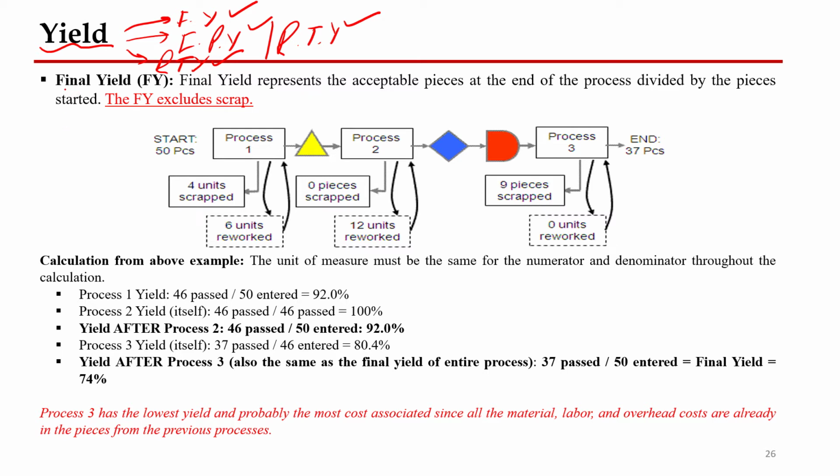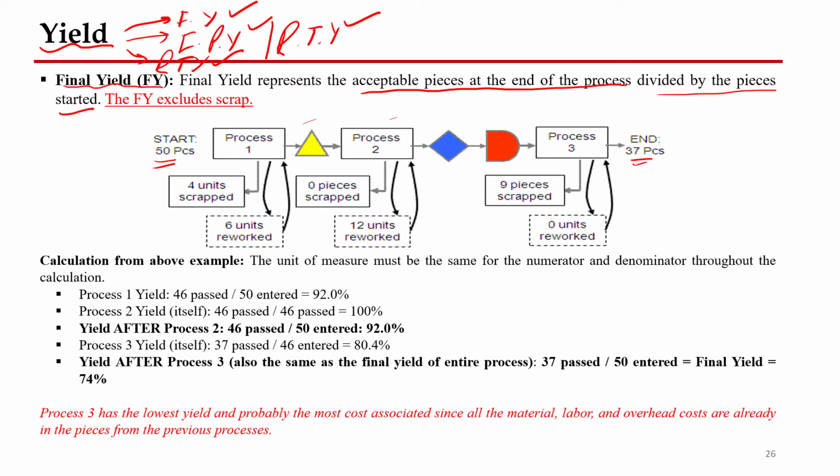Let's first discuss the final yield. This yield is the acceptable pieces at the end of the process divided by the pieces at the start of the process. Which means we can incorporate the reworked units which we have done during the multiple processes, and consider those as an input to the next process. Initially we have input 50 units, and after processing all three processes we obtain 37.